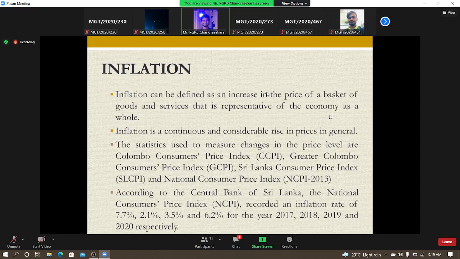Because a certain type of goods and services are obtained for the calculation of inflation. So after identifying those goods and services, we identify the behavior of the prices of those goods and services.